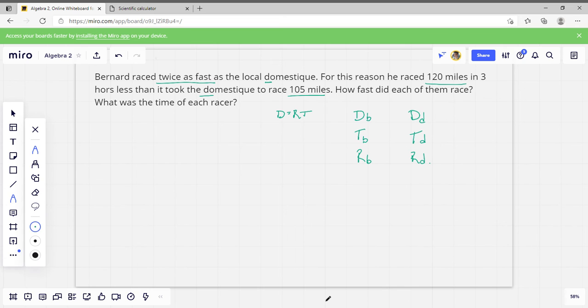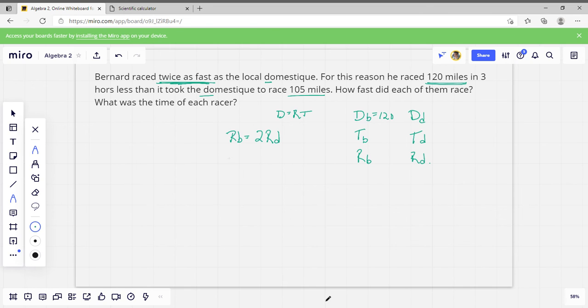Okay, so what can we figure out here? Bernard was twice as fast. So the rate of B equals 2 times the rate of D. For this reason, he raced 120 miles, so the distance of B is 120, in 3 hours less.